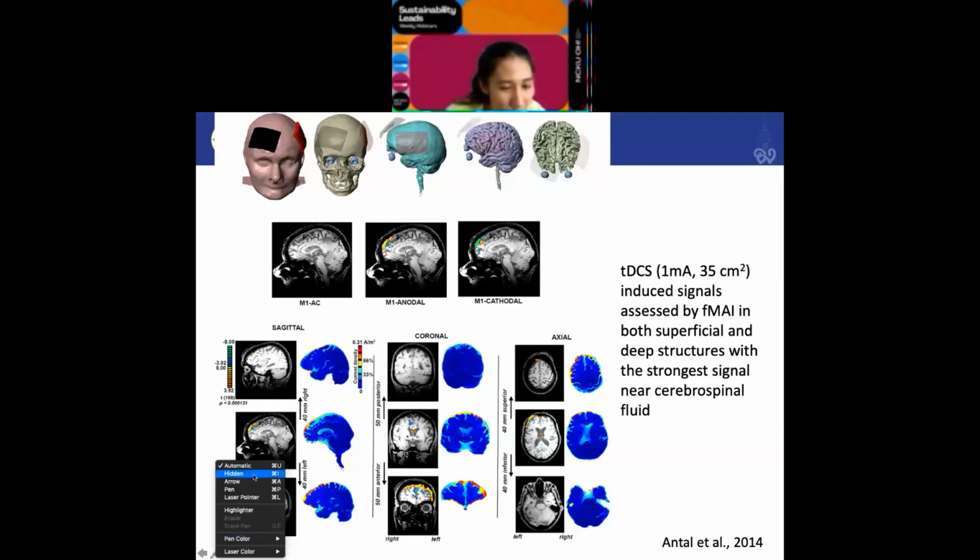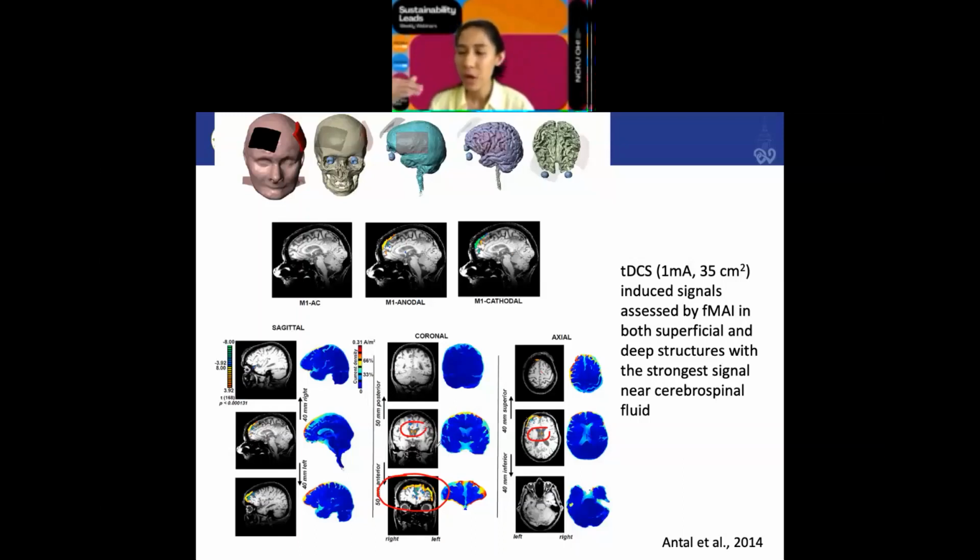Okay, I will use a pen. Here, and also here in the ventricle, you found the high density. So what does this tell you?